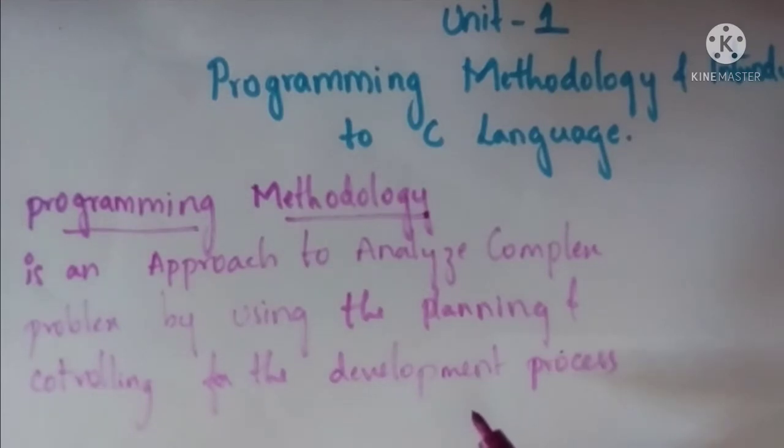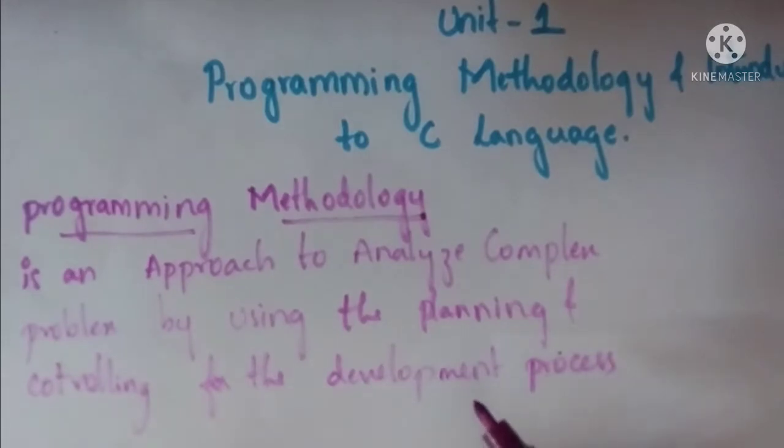Now we will see what are the steps involved in problem solving. To solve any problem, the steps involved in the programming methodology will be seen in the form of 6 steps. Whenever we want to write any program, what steps should we follow to write it?